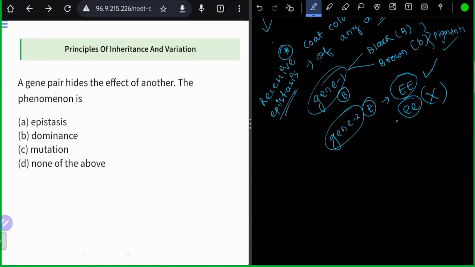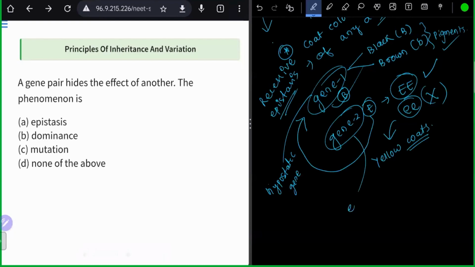So small e results in yellow coats regardless of the B gene. Here gene E is the epistatic gene to gene B, and B is the hypostatic gene. That means if small e is there, then there is no pigmentation, so the coat color is neither black nor brown.